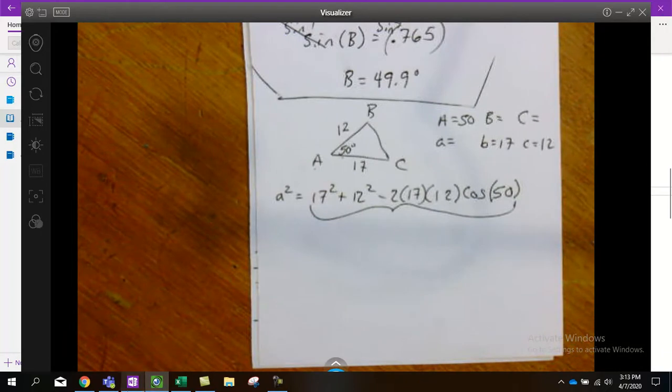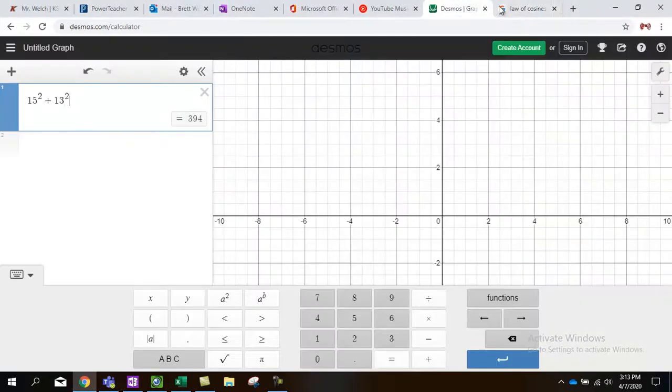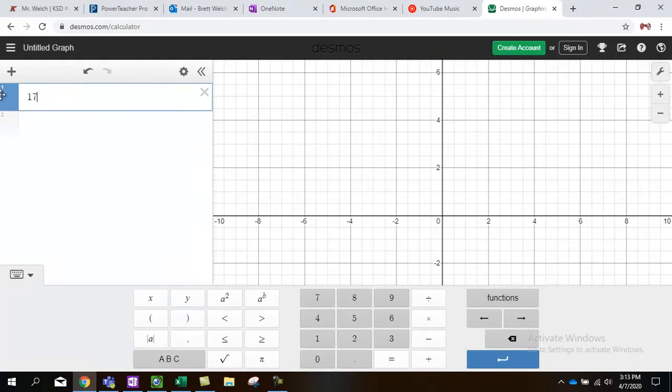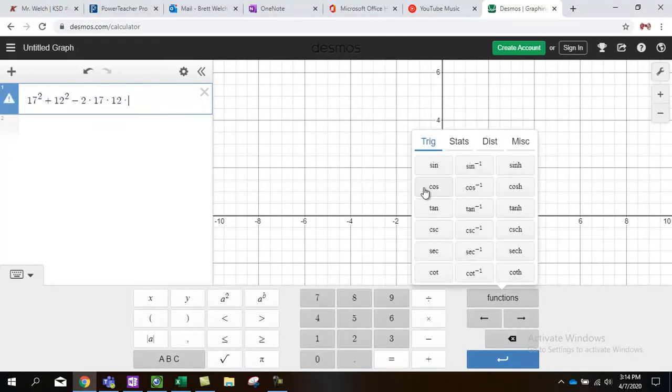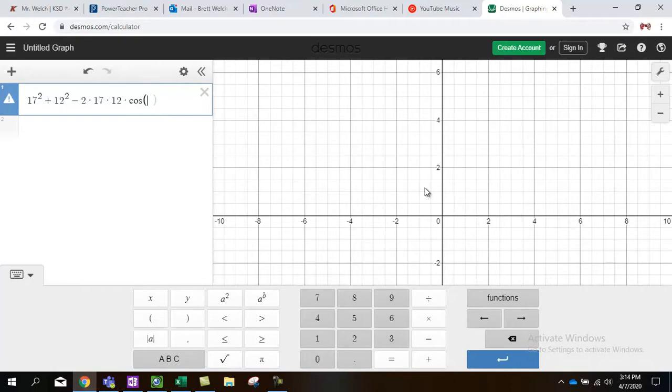In fact, I'm going to grab Desmos right now, and we are going to put in the whole thing. 17 squared plus 12 squared minus 2 times 17 times 12 times cosine, which is in my functions, of, we said, 50.